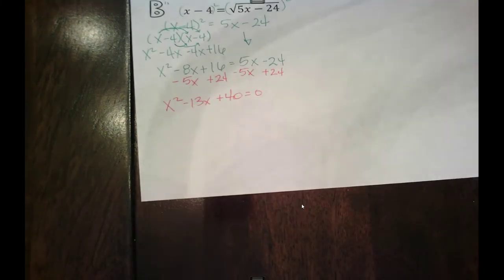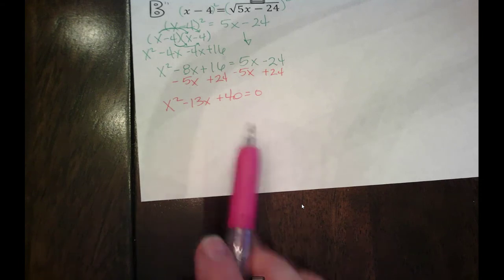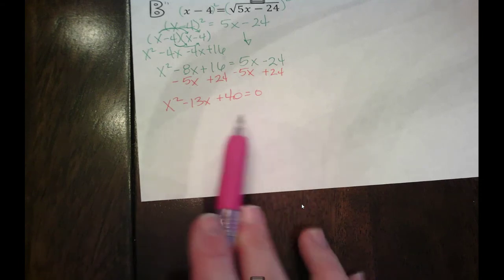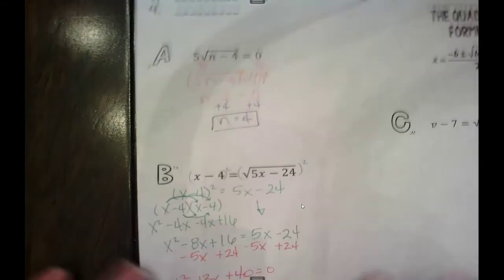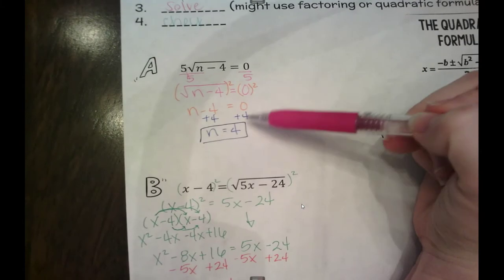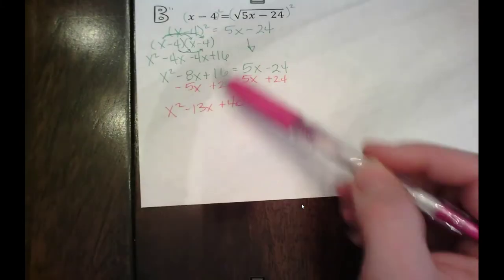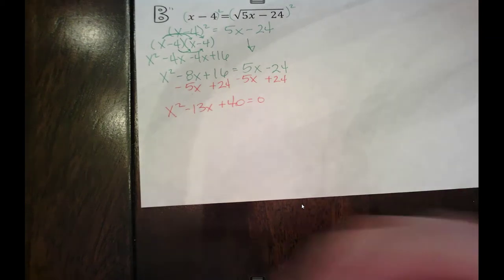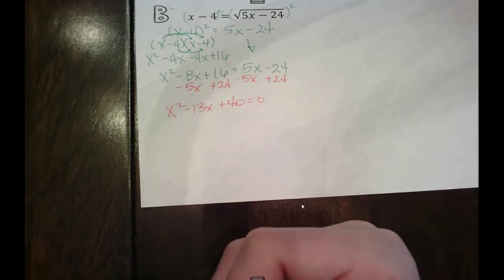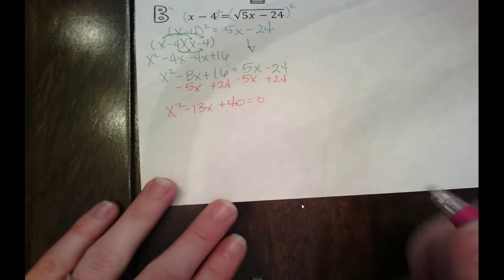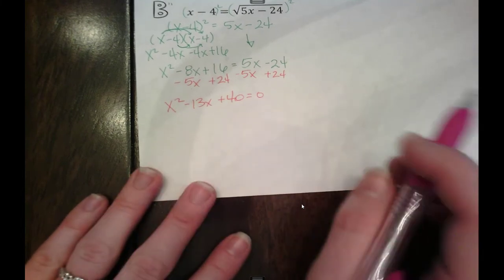All right, now we can factor or use the quadratic formula. So if you have a simple one like this, you can get to a variable equals a variable. If you're going to have an x squared, you're going to either have to use factoring or your quadratic formula. Let's use factoring. Let's do the split b method.